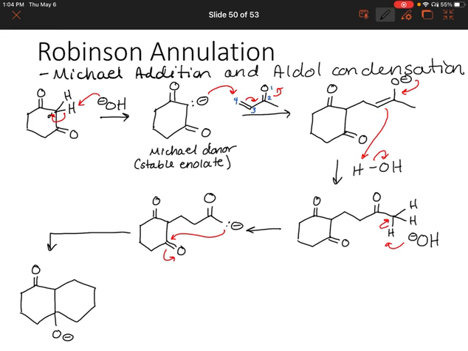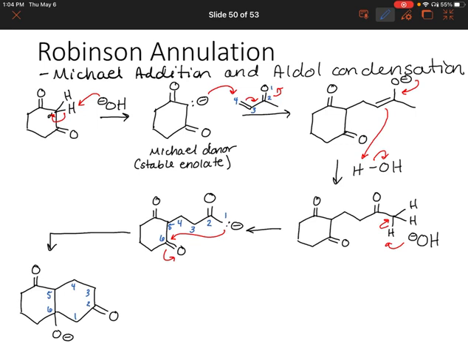All right. And if you can't quite see how this formed, let's number our carbons. 1, 2, 3, 4, 5, 6. All right. So this carbon here is 6. We've got 5, 4, 3, 2, 1. So carbon 1 doesn't have any other groups on it. Carbon 2 has that carbonyl group on it.